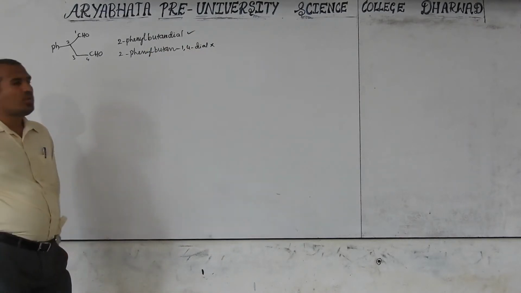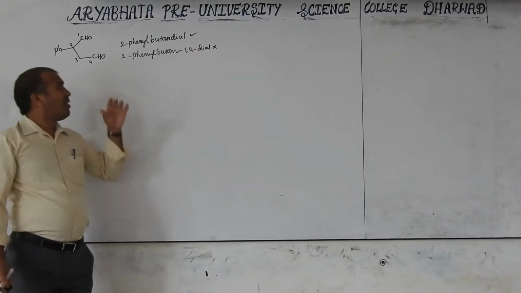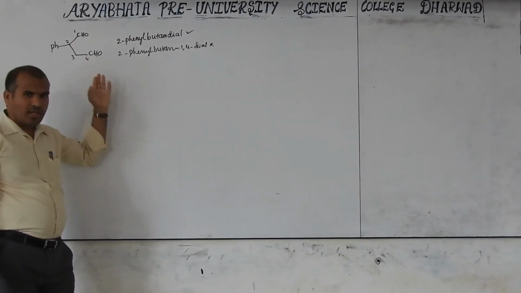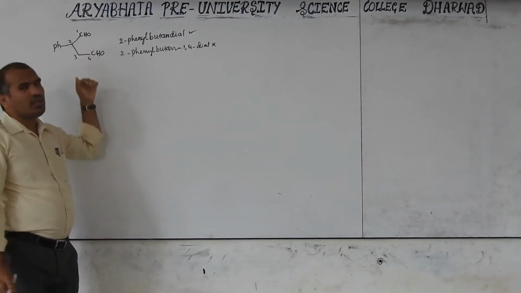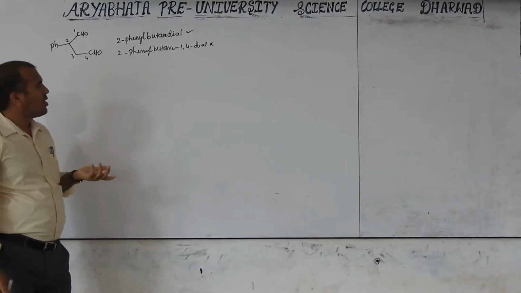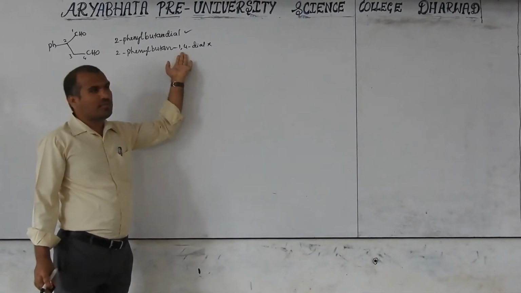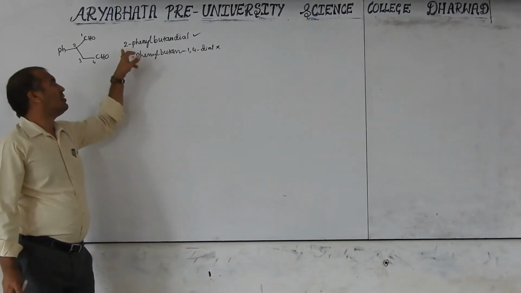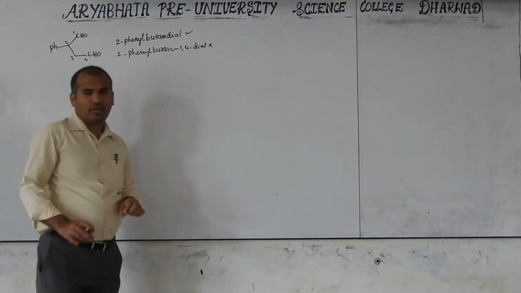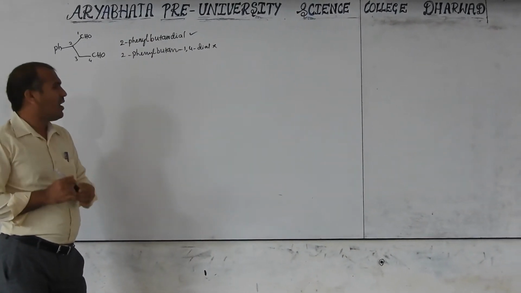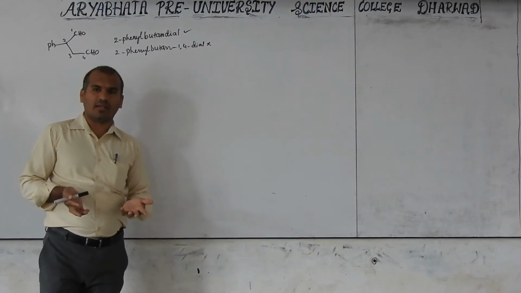The reason, as I already told you, is that aldehydes are always terminal. When they are terminal, their number need not be written. That's why it was a mistake, and this is the correct one that you have to observe.